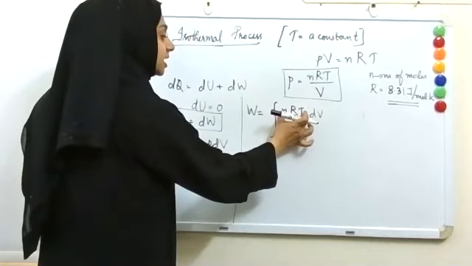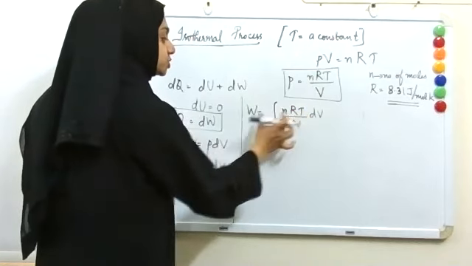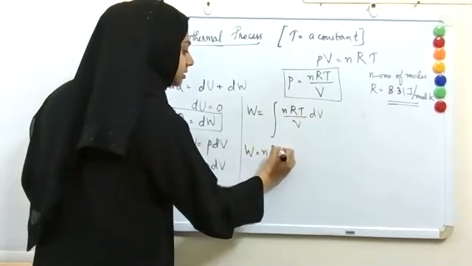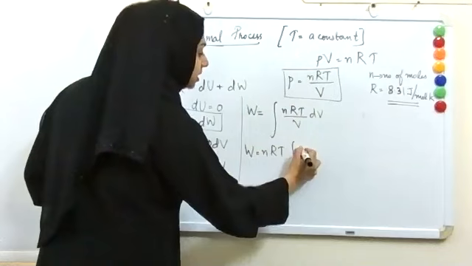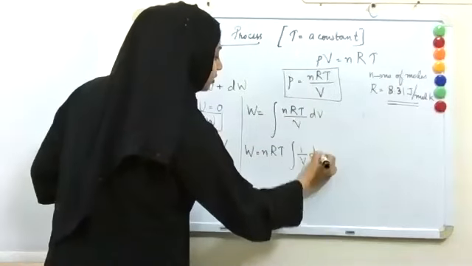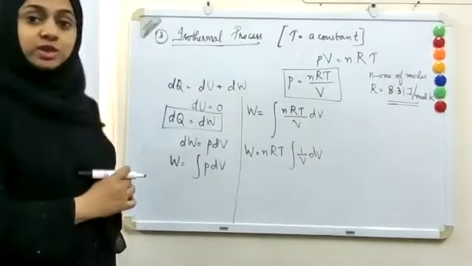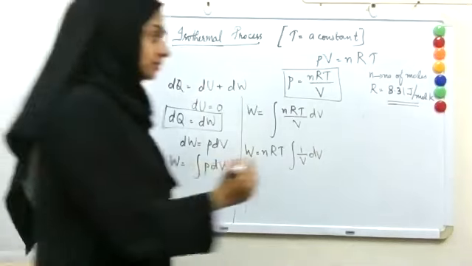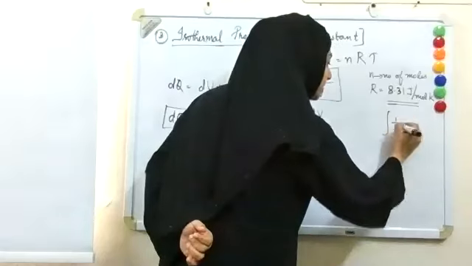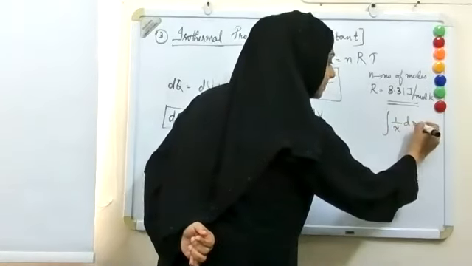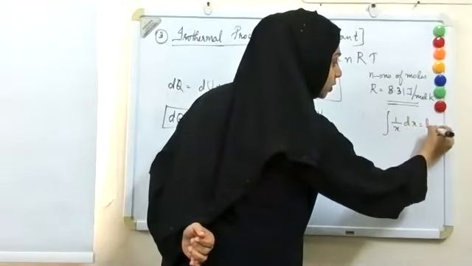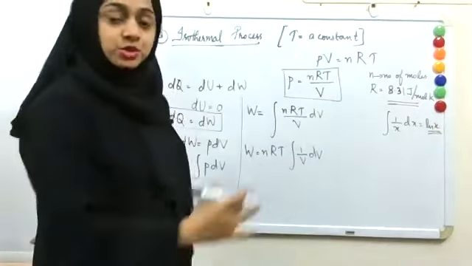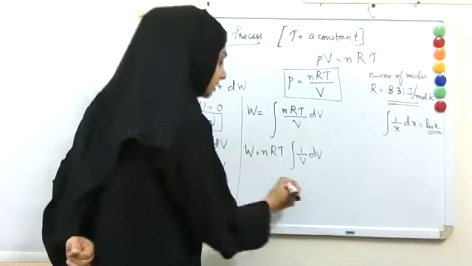Now, if I take n, R and T, which are constants, outwards, I will get W is equal to nRT into integral 1 by V dV. What is integral 1 by V dV? What is integral 1 by x dx? It's equal to log x, natural log of x.